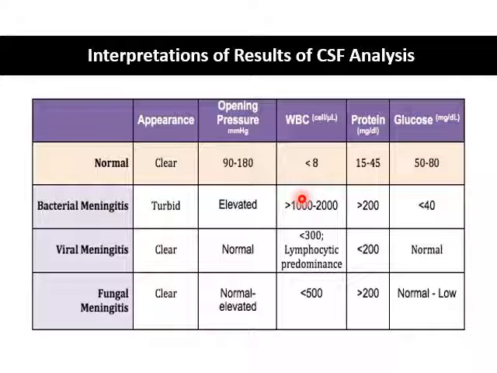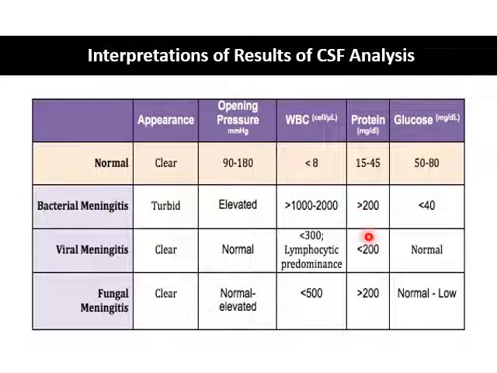White blood cells. There is marked increase in the bacterial meningitis. It is thousands of cells, mainly neutrophils. In the viral meningitis, it is hundreds, with lymphocytic predominance, and in the fungal meningitis, it is between them. Protein content.